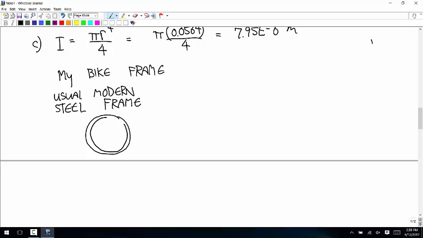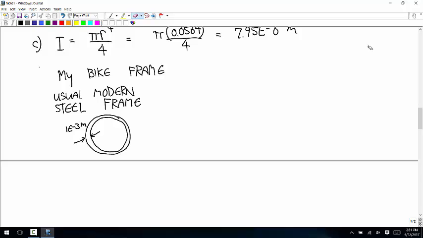A bike frame isn't solid steel. Well, a lot aren't steel at all, but a steel bike frame isn't solid. That would be incredibly, shockingly heavy. They're tubes, and a modern one has a thickness of about 1 millimeter, so 1 times 10 to the minus third meters.